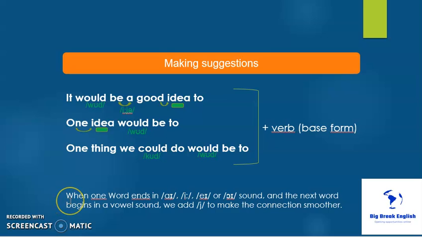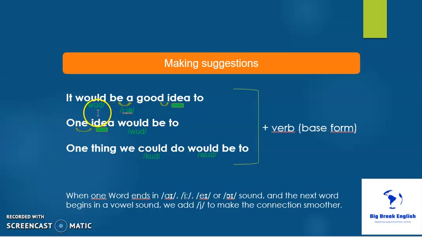When one word ends in an E, A, or oi sound, and the next word begins in a vowel sound, we add y to make the connection smoother. So we've got here the vowel sound E followed by another vowel sound, and therefore we add y to make the connection smoother. So it's be a good idea to.